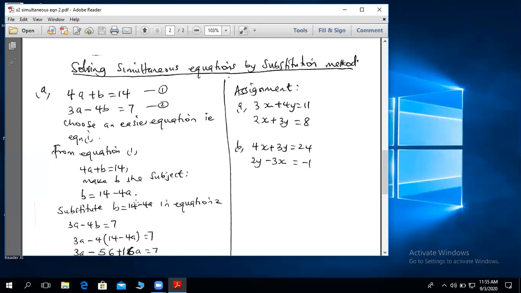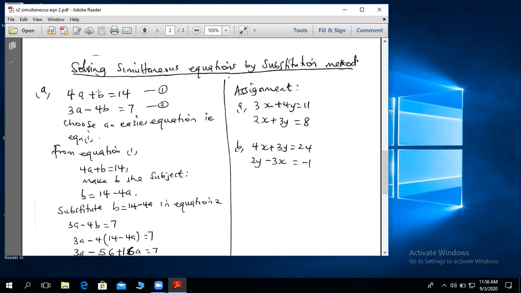Now listen, my friends. Listen to this carefully. This is always the reason why people fail this part. When you are using the substitution method, if you have made b the subject in equation 1, then you must substitute it in equation 2, not 1 again.